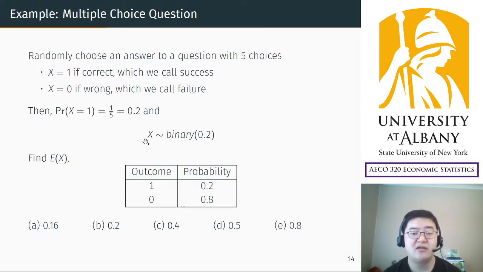So we can write that X follows a binary distribution with parameter 0.2. This is the notation in this case. Or you may write it as a probability distribution in this form. Find the expected value of this random variable.